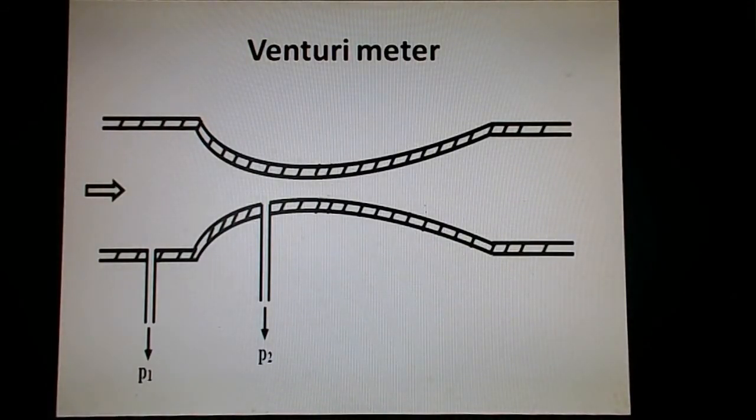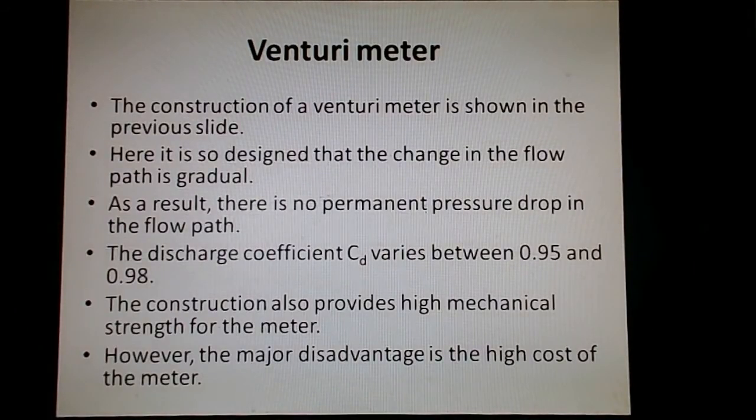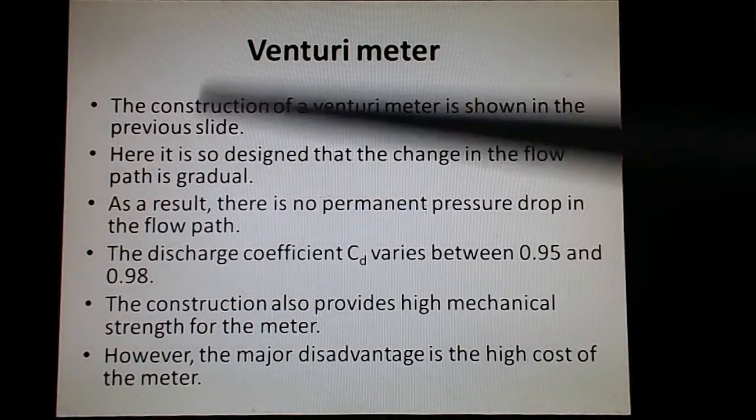Because of this gradual change of path, there is almost no permanent pressure drop in the flow path. So because of which the discharge coefficient is of the value 0.95 to 0.98.